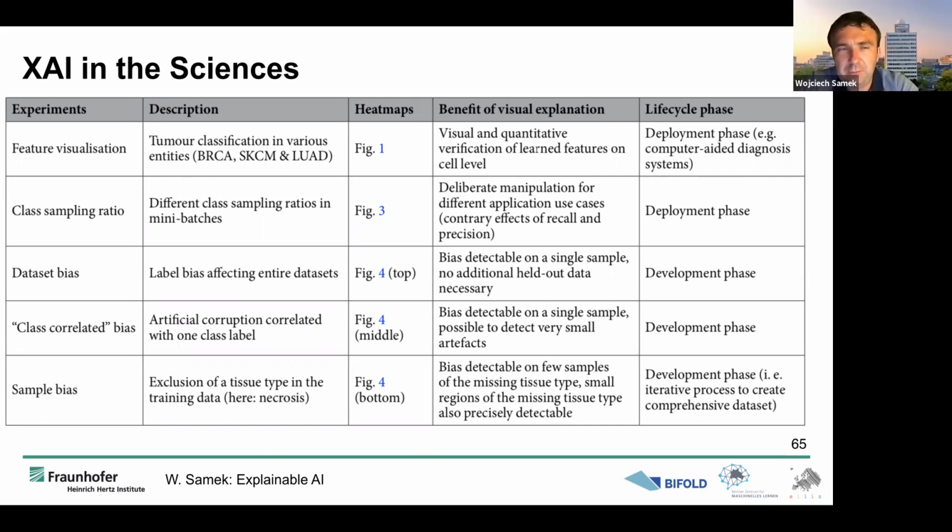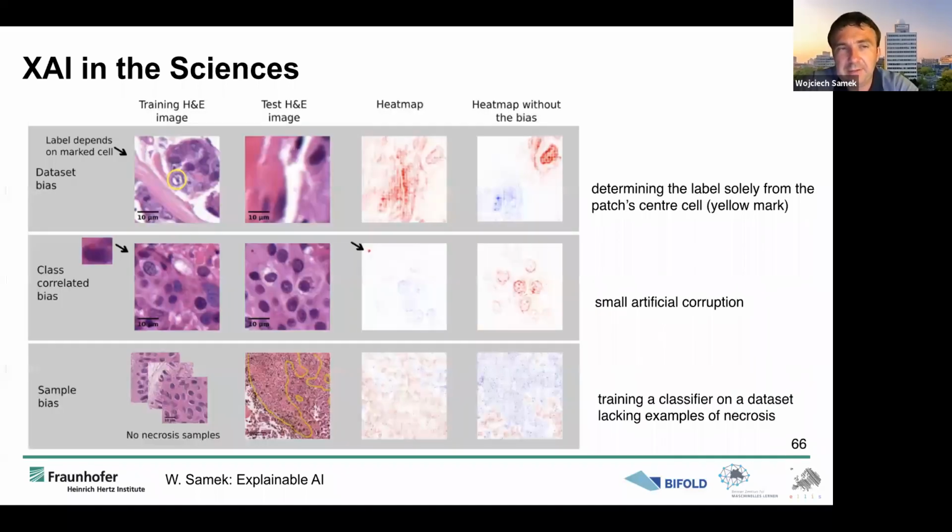We looked at these different scenarios and showed that in many of these cases, you can detect the biases from a single input, from a single image. So if you are a pathologist, you would immediately see that something is going wrong.